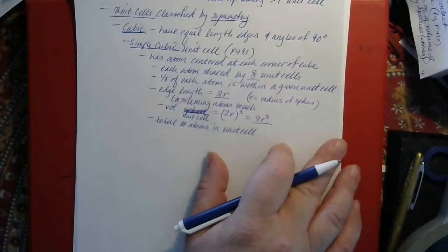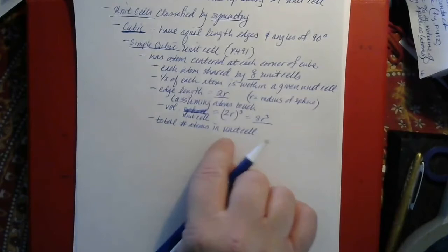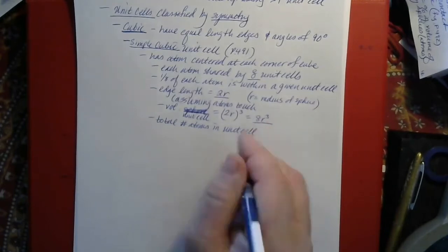And that tends to minimize the potential energy and make the structure more stable. And one way that you can tell how close the atoms are, or how much empty space there is, is by adding up the total number of atoms within the unit cell.